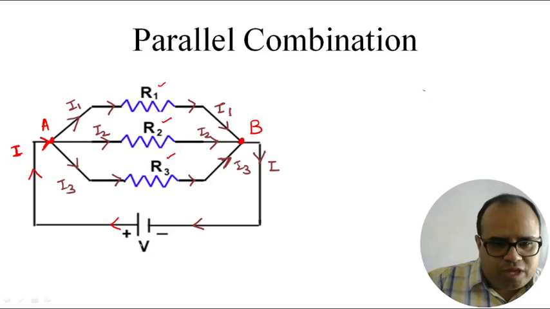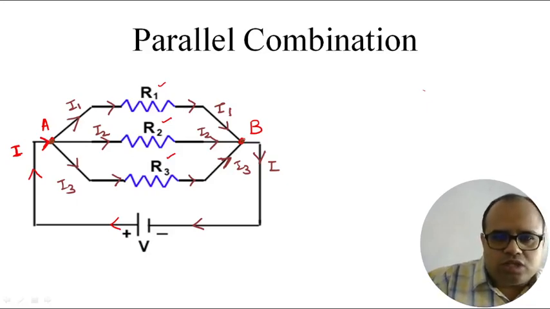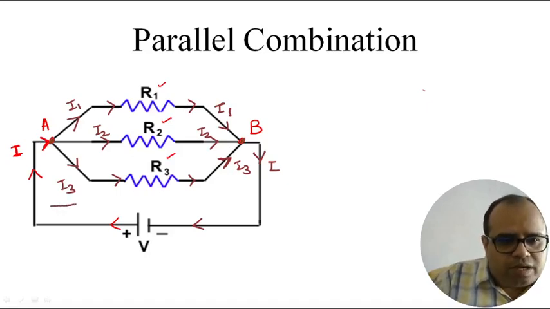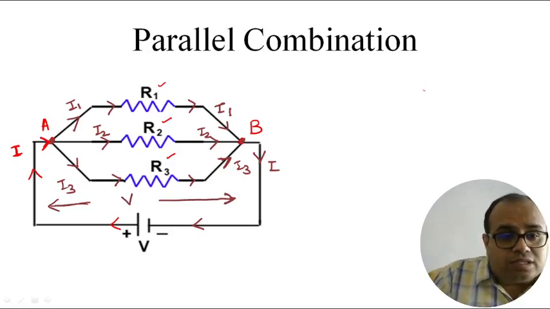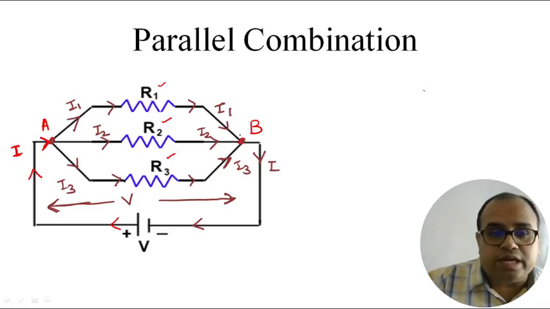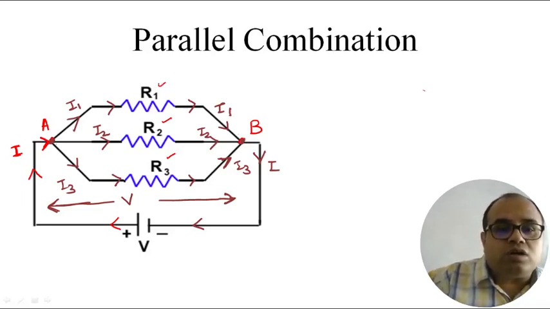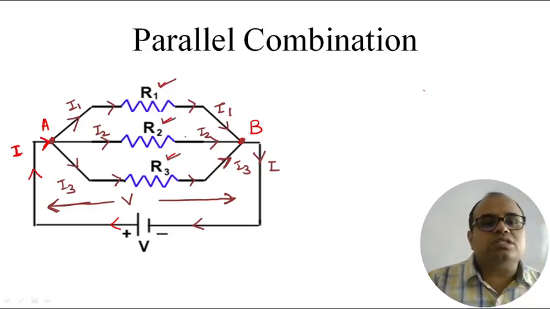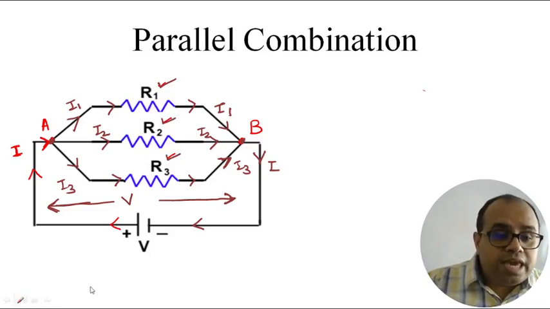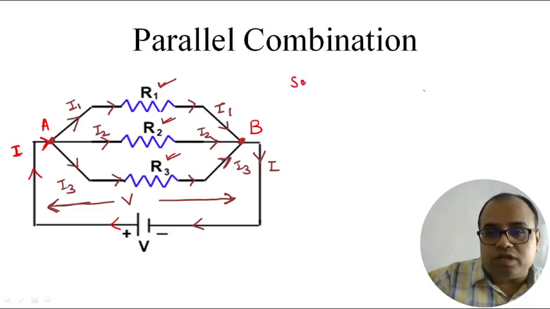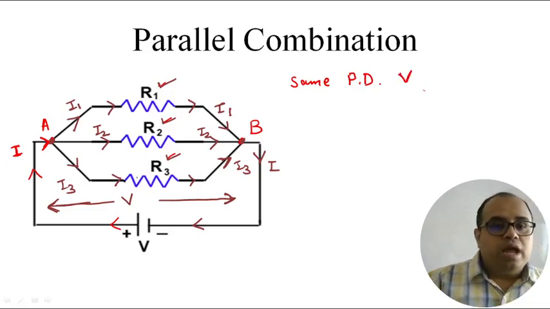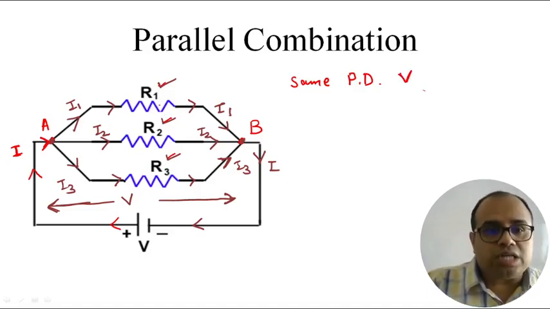You know that a potential difference V is produced across these 2 points A and B. Do remember that between these 2 points only, all these resistors are connected. So the potential difference across resistance R1, across R2, and across R3 is the same, and that potential difference is V.